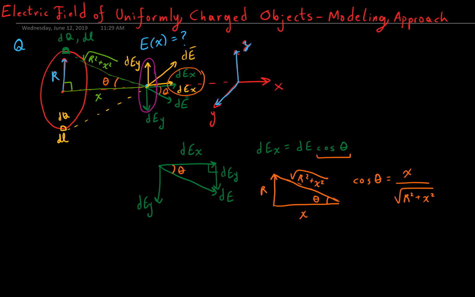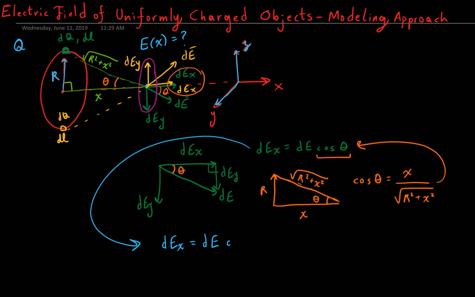That's an appropriate substitution we can make into here. So now our differential equation can be rewritten as dEx equal to dE times cosine theta, which is x divided by the square root of r squared plus x squared.